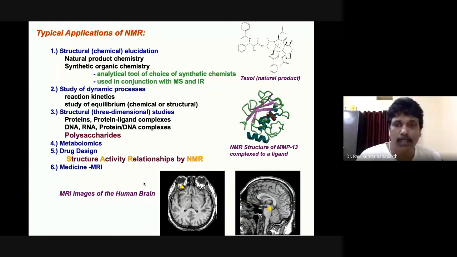In fact, it is one of the major research areas for many biophysicists. If they want to study protein folding and unfolding movements, then NMR spectroscopy gives certain time scale information from which they extract some events that happen at the microscale level. Another application is structural elucidation of complex molecules.